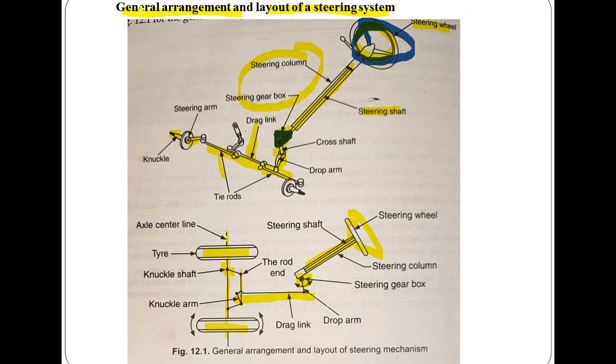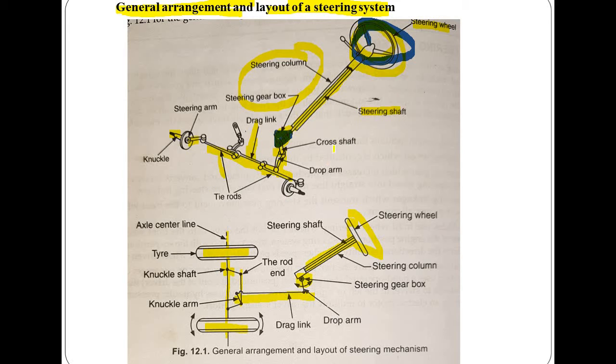So as per our objective, the general arrangement and layout of the steering system. In the previous lecture we discussed the functioning of the steering wheel, and we know that the rotary motion of the steering is converted into the angular movement of the wheels. In this picture we observe different parts we have already discussed, and we will discuss these parts in this lecture also.